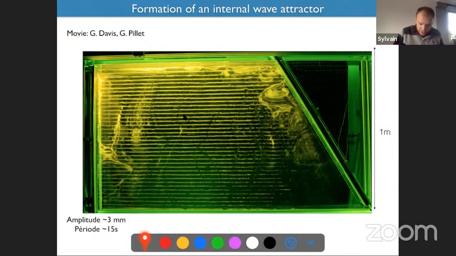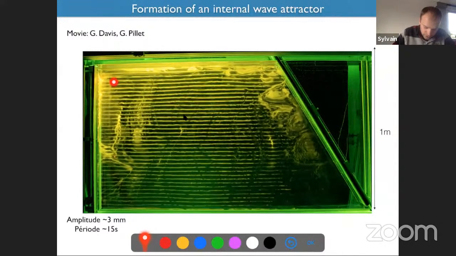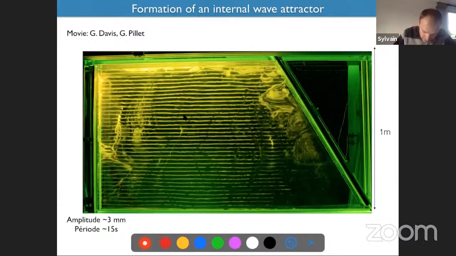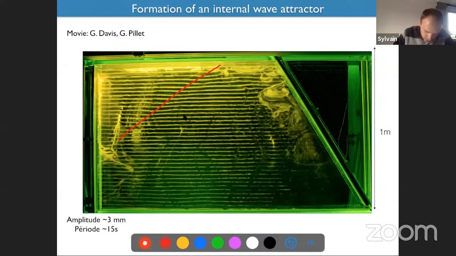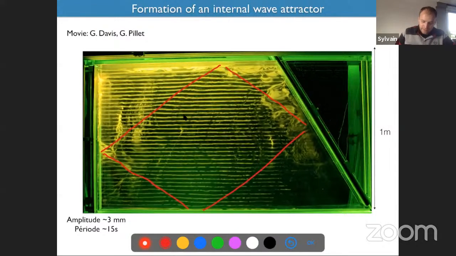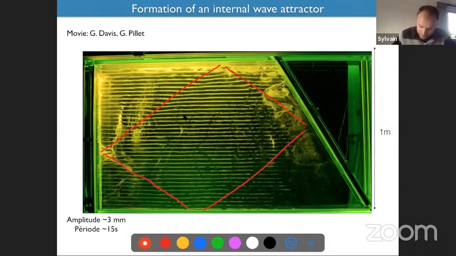You can see some oscillation in this direction. You see motion almost everywhere. And you see that there is a shape where the motion is larger, which is this one. You can see that you have energy that is concentrated in this pattern.